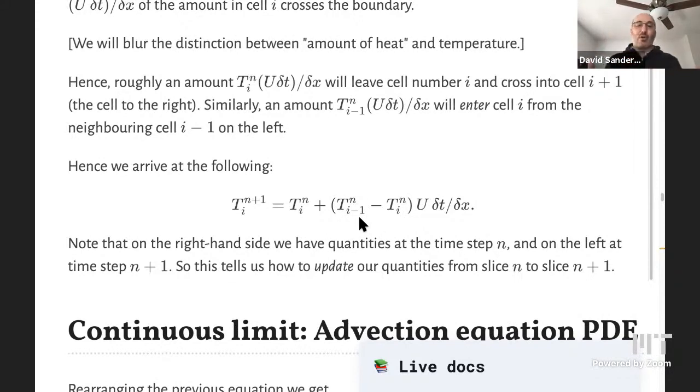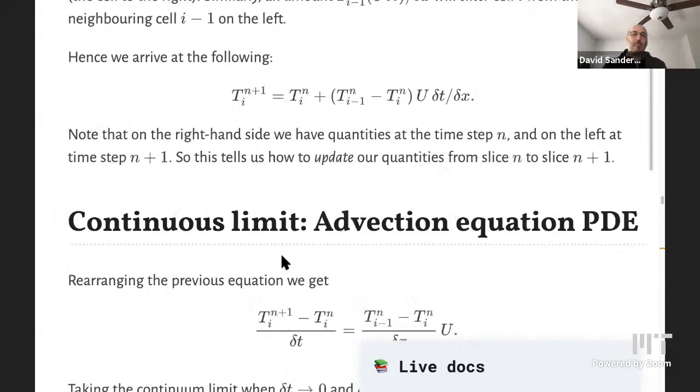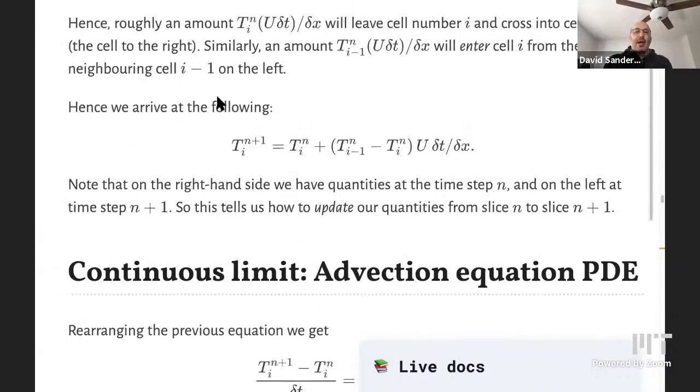That's what's going to give rise to this advection partial differential equation. But this is exactly what we're going to use to do the numerical simulation. Once we have all of the temperatures at all the different cells at the current time step, on one row of this two-dimensional matrix, we can then find all of the temperatures at the next row up using that information and this formula, this recurrence relation.